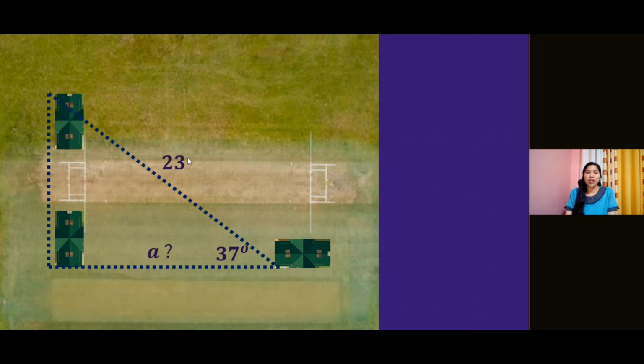And what side is 23 if 37 degrees is our angle of reference? A is the adjacent side. 23 is our hypotenuse. Therefore, what ratio is applicable? Take note, adjacent and hypotenuse. That would be the cosine ratio. So the cosine ratio is just equal to adjacent over hypotenuse.